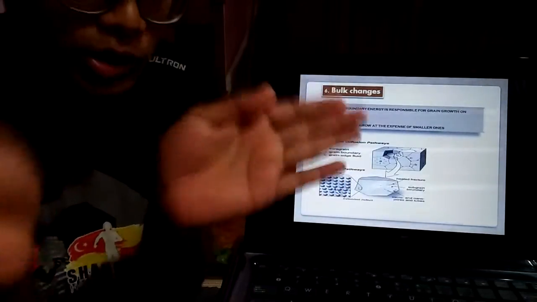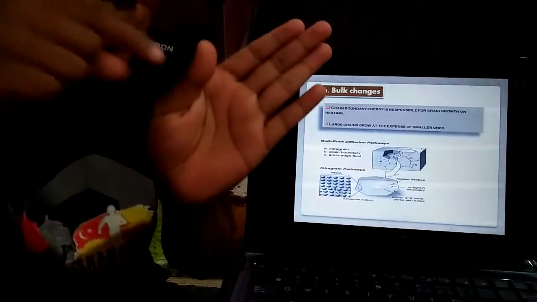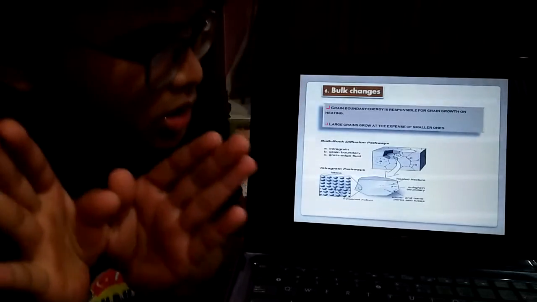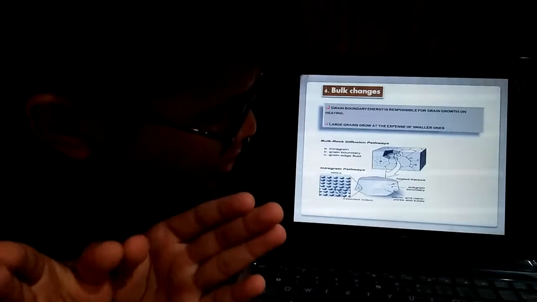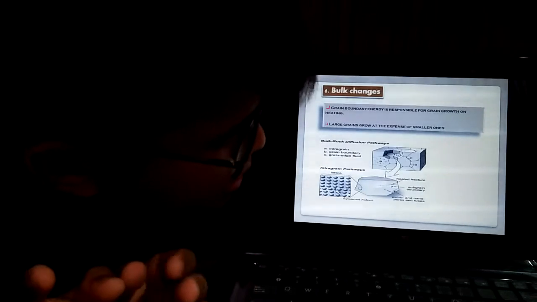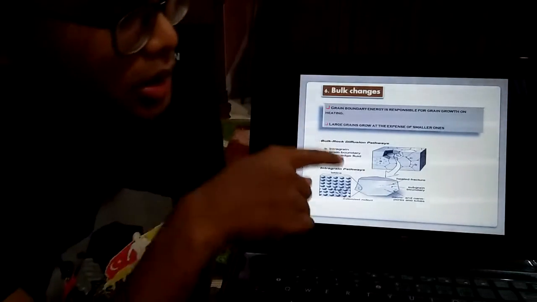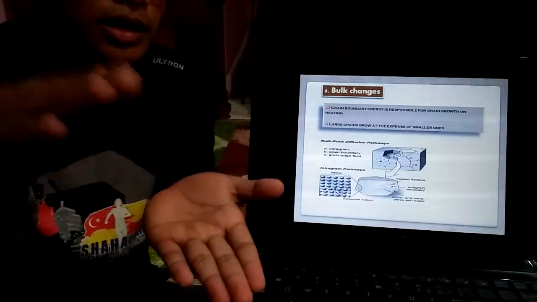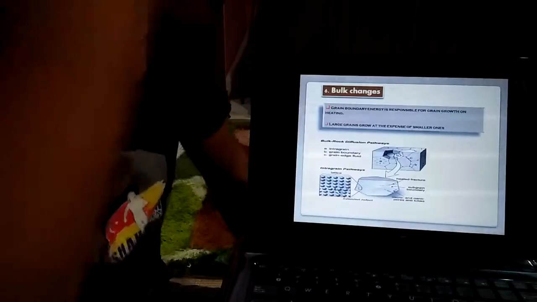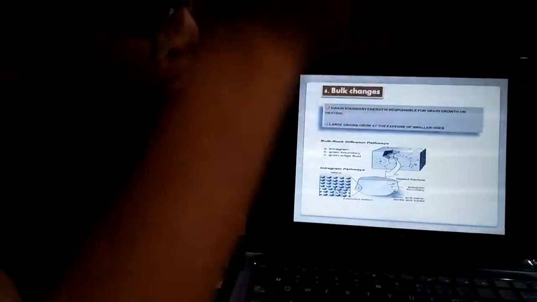Okay, there are two intragrains. So the line between two intragrains is the grain boundary. Okay, so this is what happens when a thin film grows layer by layer. So the last process is the bulk changes.